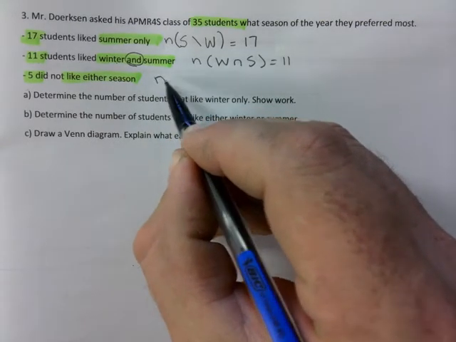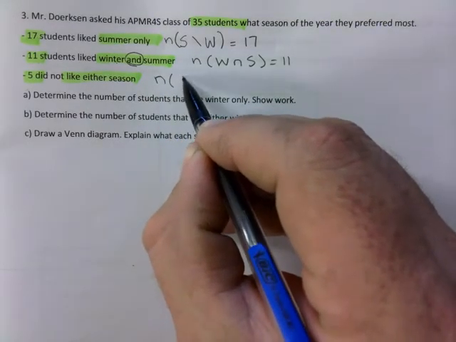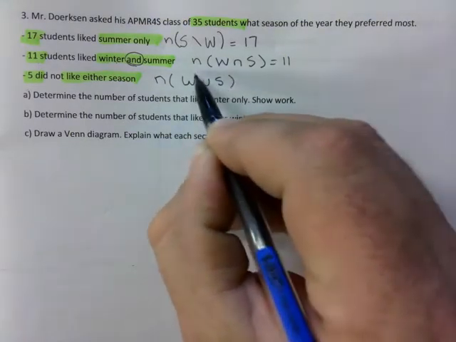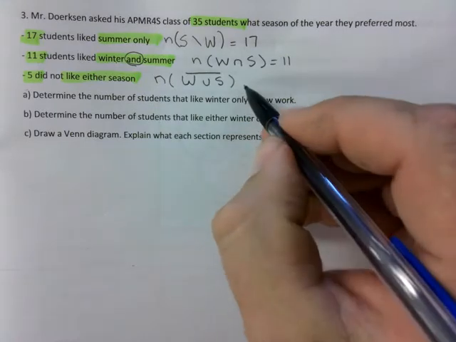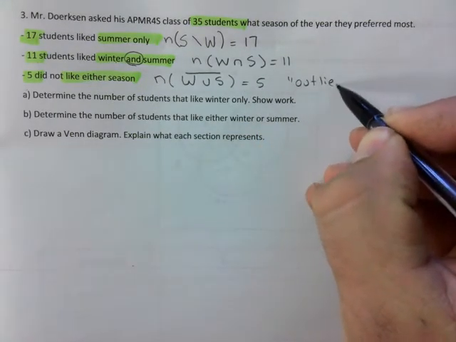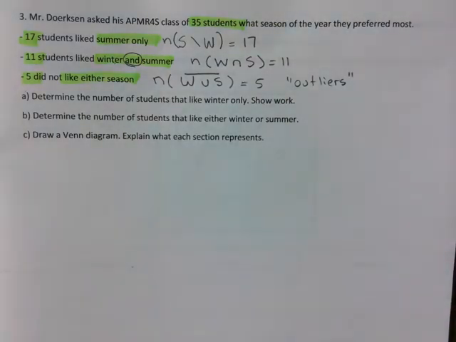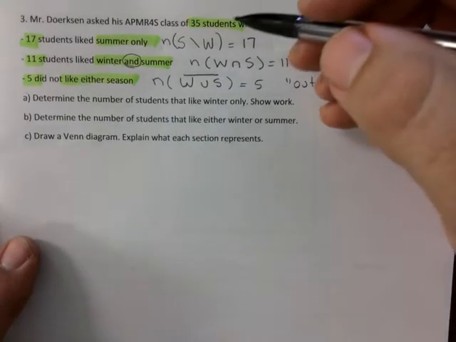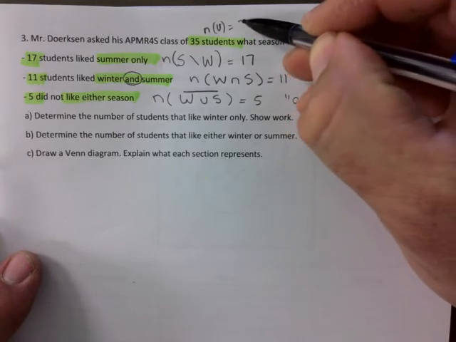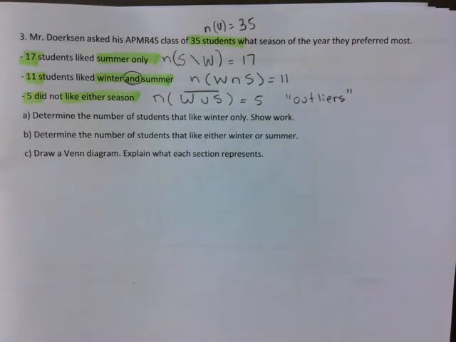What would that notation be? I just did it. Winter or summer, not, right? Would be 5. These are also called our outliers, the ones that would be in neither one of the sets, but would be part of the universal. But I don't have to say that, right? The n of the number of elements in the universal here is 35, right?